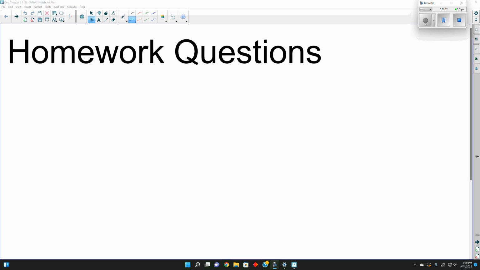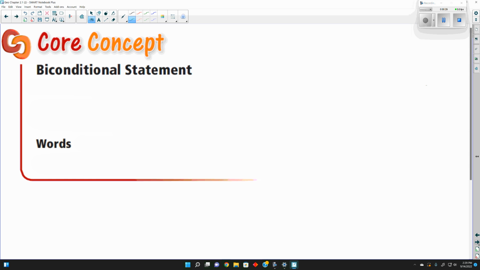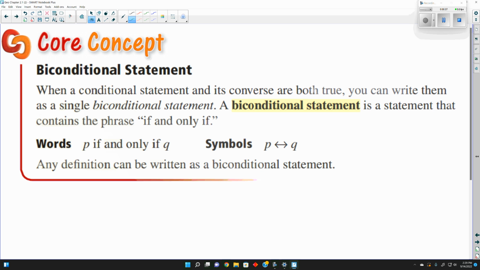That's fine. Now, what we're doing today is covering something called a biconditional statement. We have one whenever the conditional statement and its converse are both true. If they are both true, we can rewrite it as a single biconditional statement.